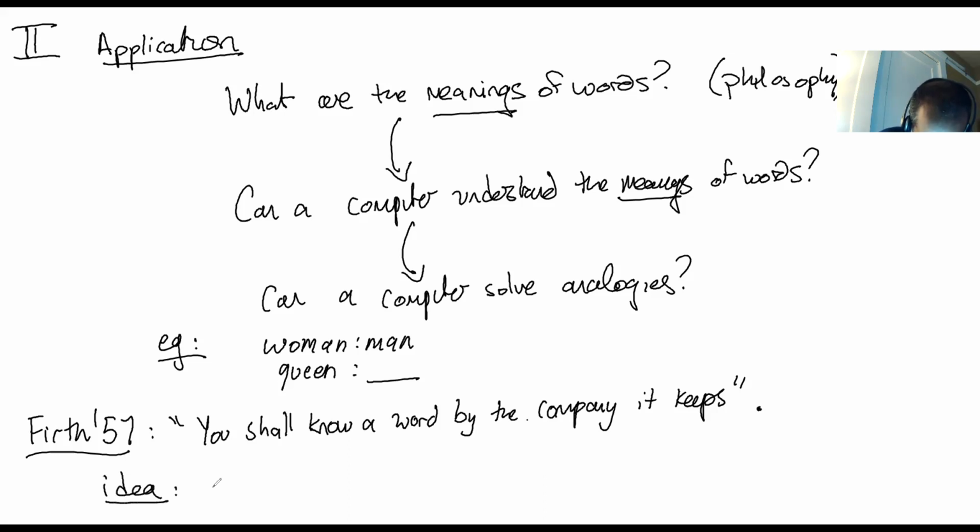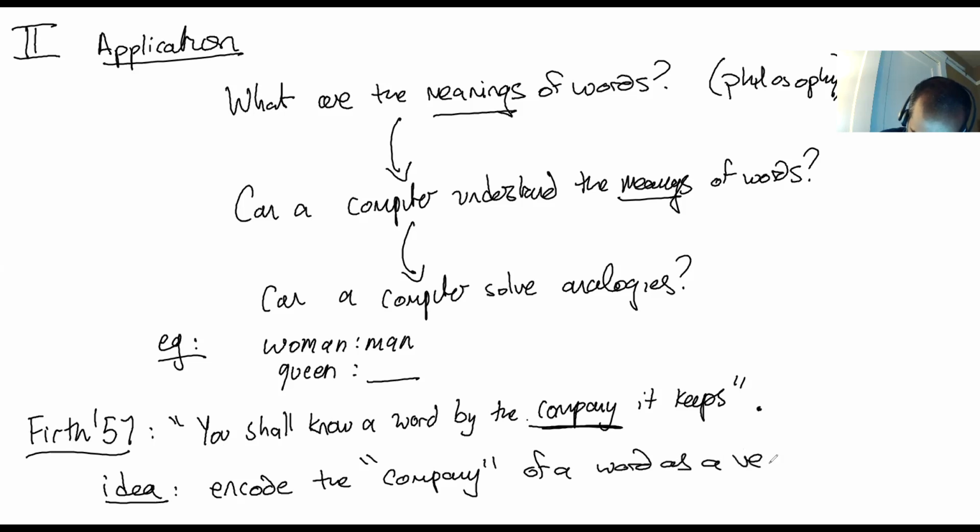And the idea is you can encode, not the meaning of a word, you can encode a word's company. So the nice thing about the definition is, it reduces meaning to this other concept, which is company. So encode the company of a word as a vector. Okay, so what do I mean by that?